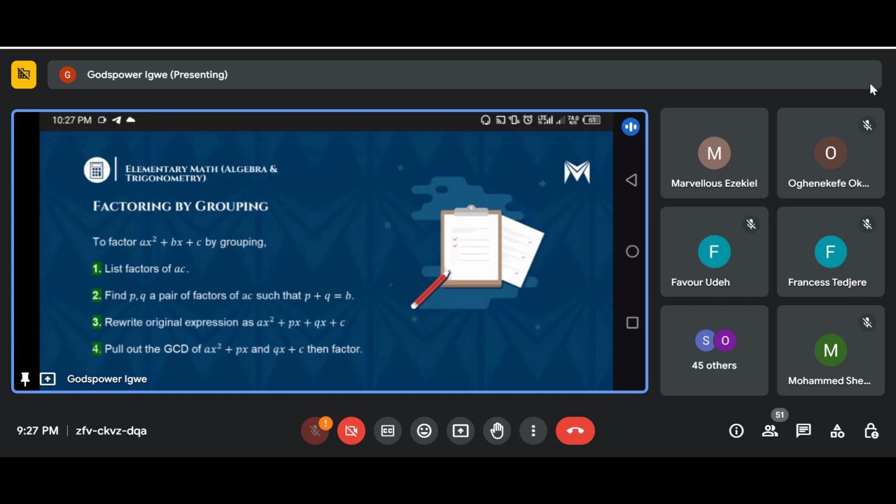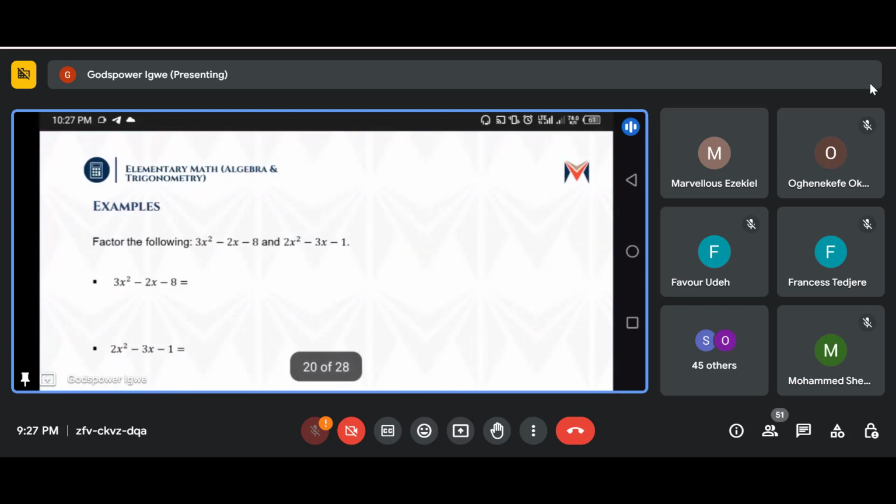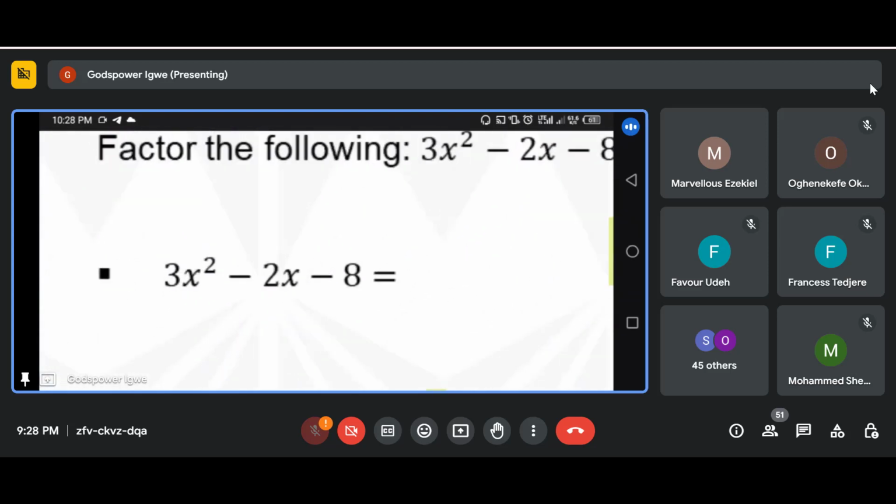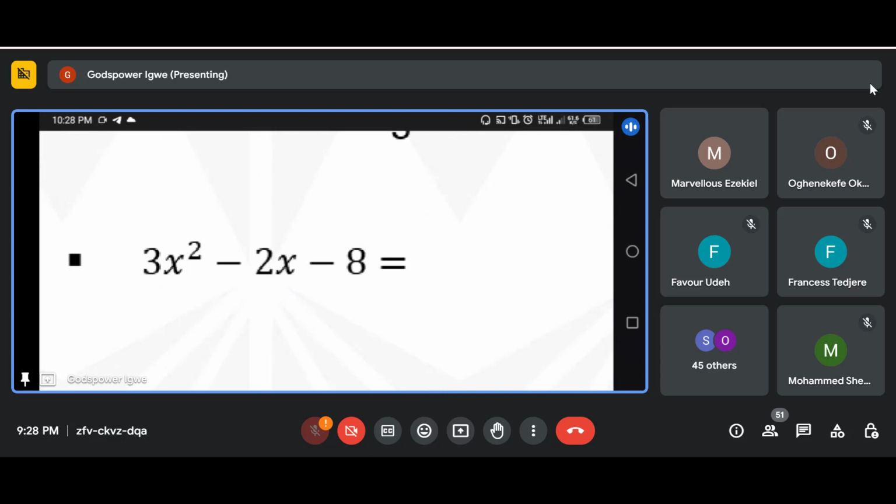When we were talking about quadratic equations, you have to look for two numbers p and q such that when you multiply them, they give you, for this one now, this 8. You look for two numbers that multiply to give 8, and when you add them together, give minus 2. First of all, we have to remove the 3 out of the way.